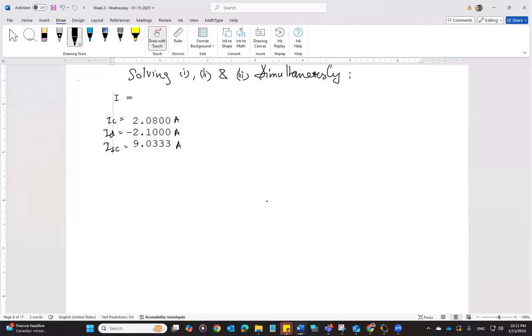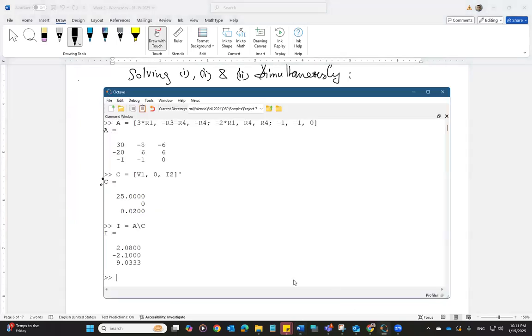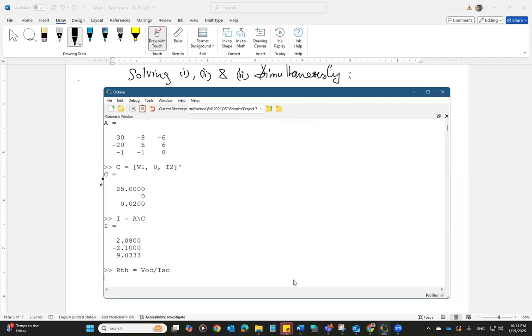And here. So to calculate the R Thevenin from method number 2, we are going to take the ratio of V open circuit over I short circuit. We already calculated V open circuit. So R Thevenin is equal to V open circuit over I short circuit.